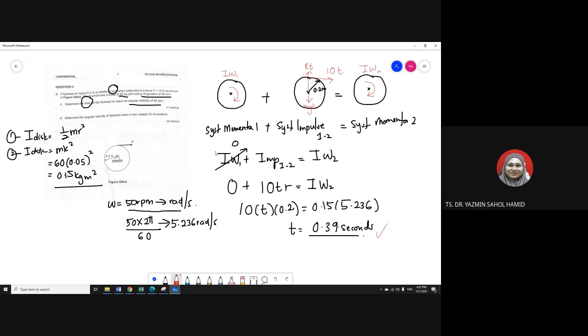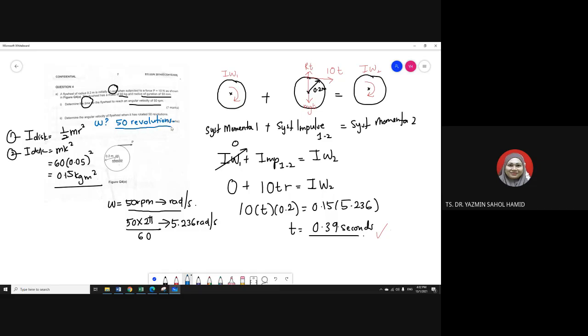Now, the second question is determine the angular velocity. They ask you to calculate the angular velocity omega when it has reached 50 revolutions. Now, which method do you want to use to solve this problem?